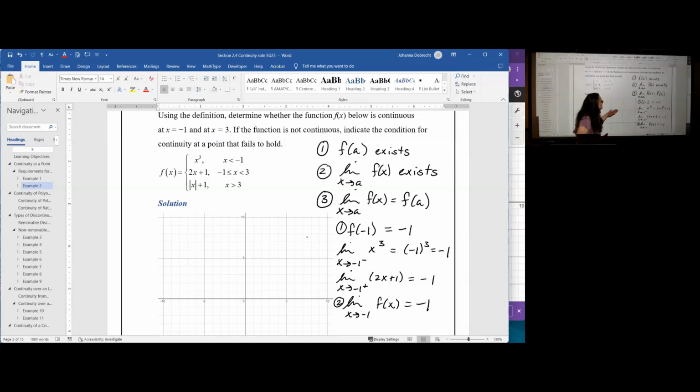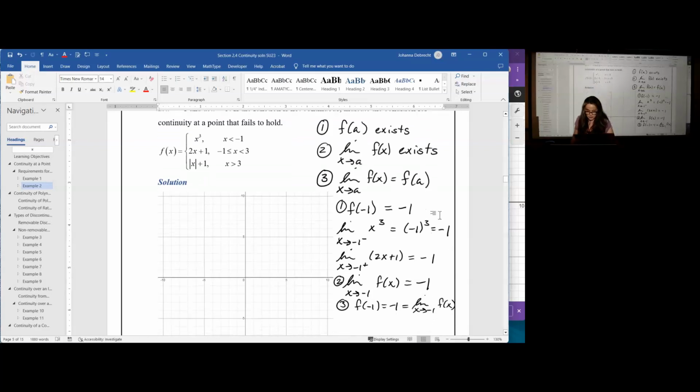It says, is the function value equal to the two-sided limit value? And ours is. So we can say in this last one that f of -1 equals -1, which is equal to the limit as x approaches -1 of the function. This function is continuous at -1.